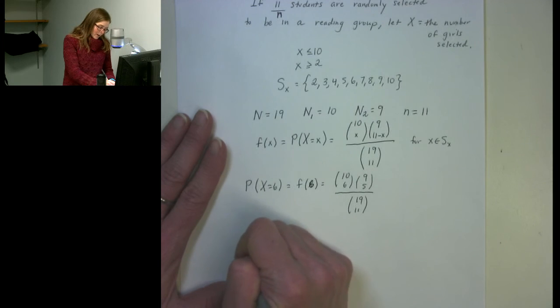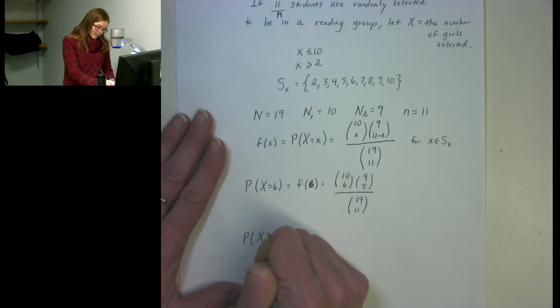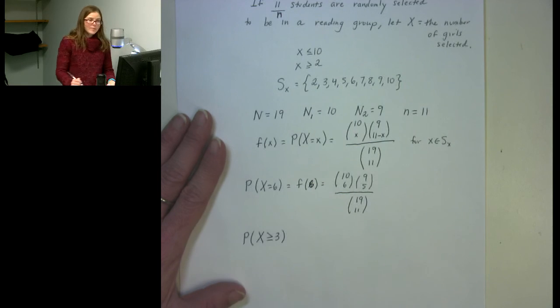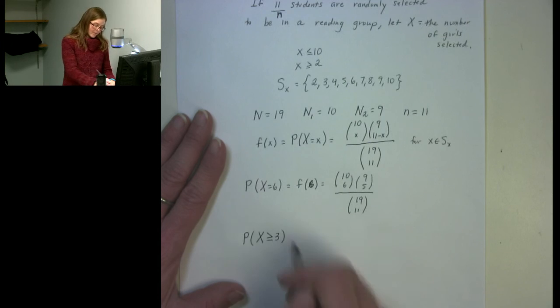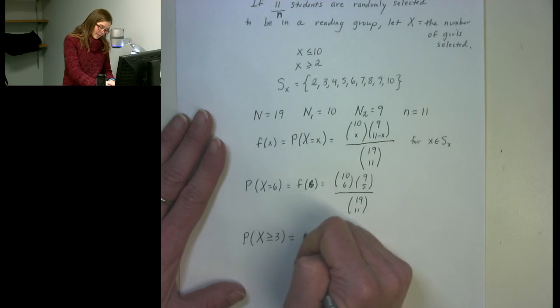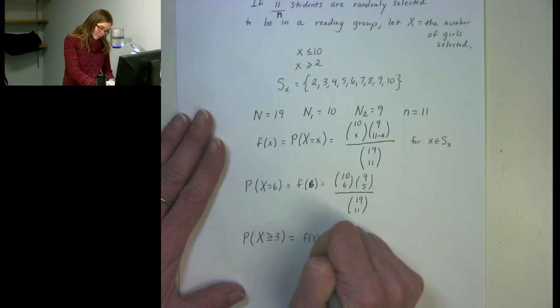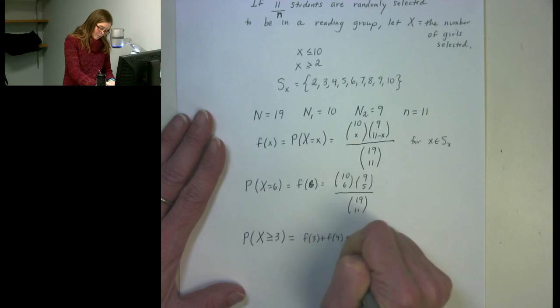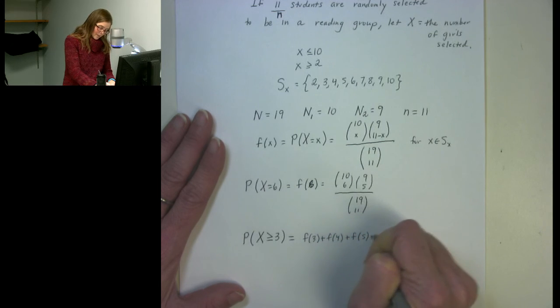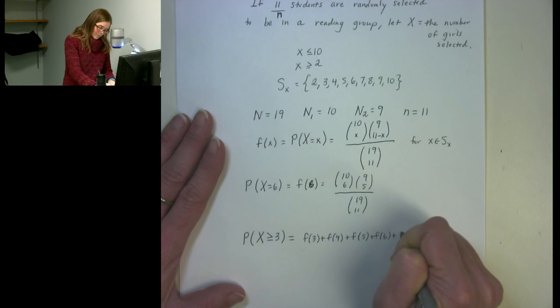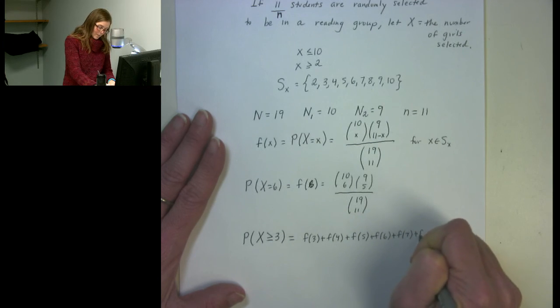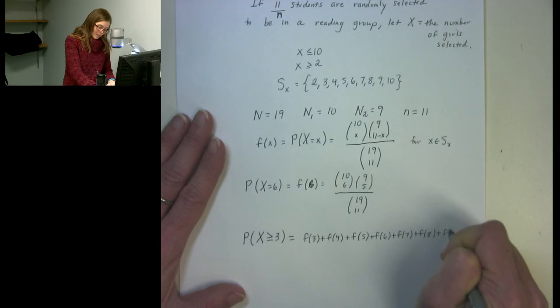If I wanted to find the probability that I choose at least 3 girls, I could do this by finding f of 3 plus f of 4 plus f of 5 plus f of 6 plus f of 7 plus f of 8 plus f of 9 plus f of 10.